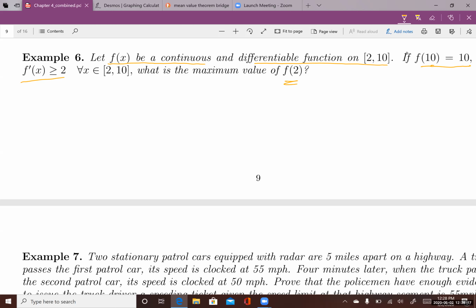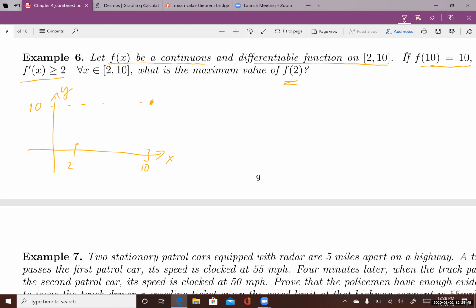What does it mean? You have a function, right? I don't know exactly what this function is, but I know that the function is continuous and differentiable on this interval from 2 to 10. I know that f of 10 is 10 right here. And I know that the derivative of the function on this interval is always greater than or equal to 2.